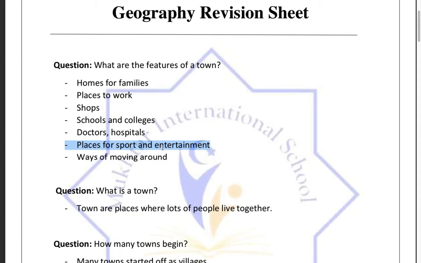But yet you will need to have fun and to be entertained from time to time. So towns should have places for sport and entertainment. For example, I'm sure that most of you guys have visited Q Club, right? For bowling, for table tennis, to have some entertainment.